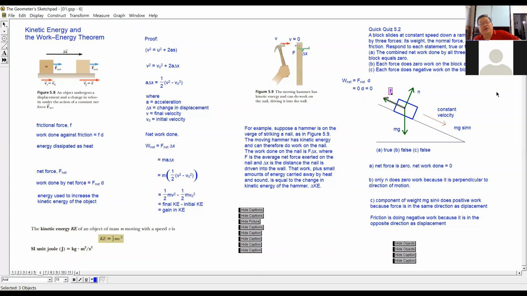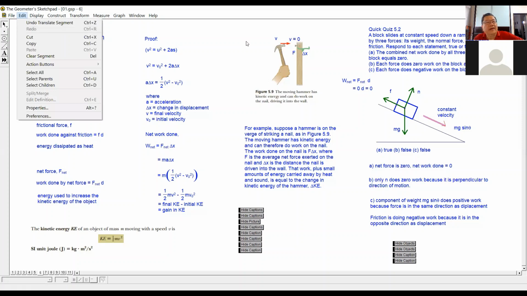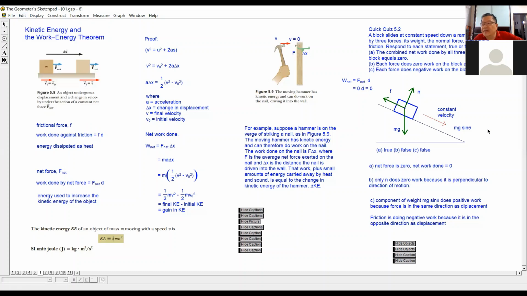The component mg sine theta is doing positive work because it acts downward and the displacement is also downward.